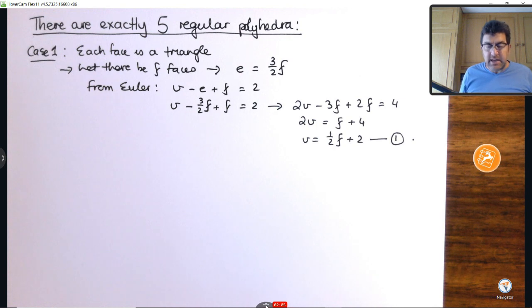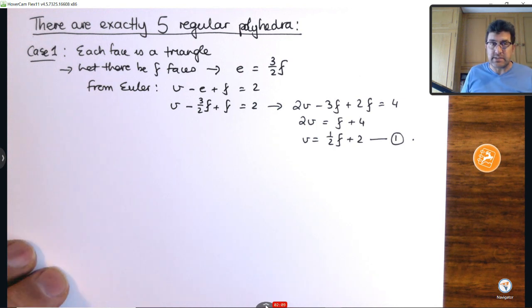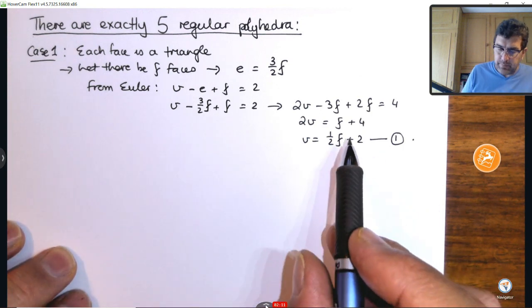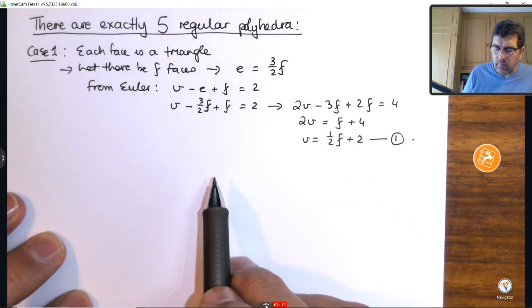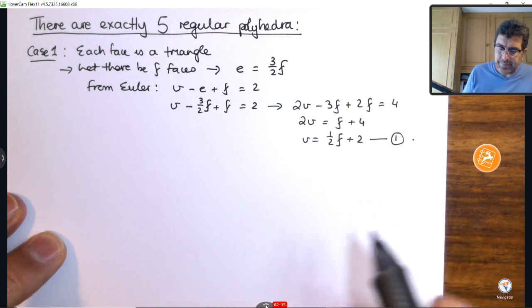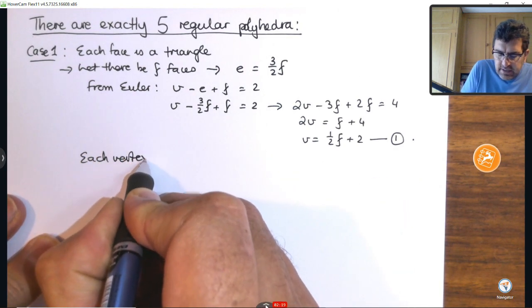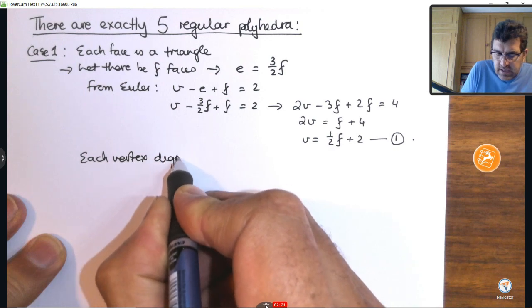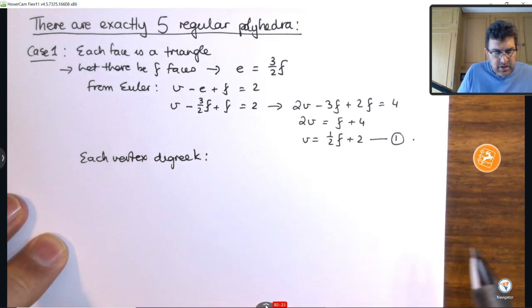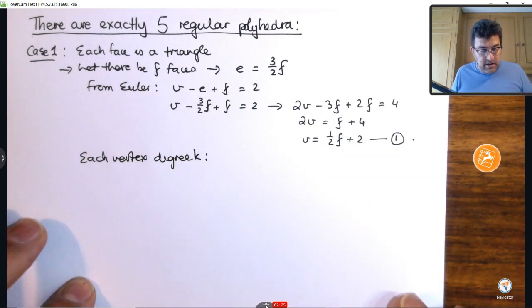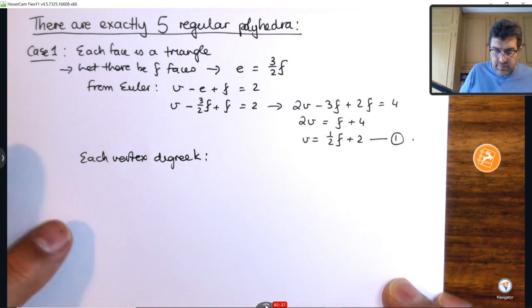Now I'm going to say that each of the vertices of this polyhedron has a degree of k. So each vertex has degree k. I'm going to use that now to find the number of edges.